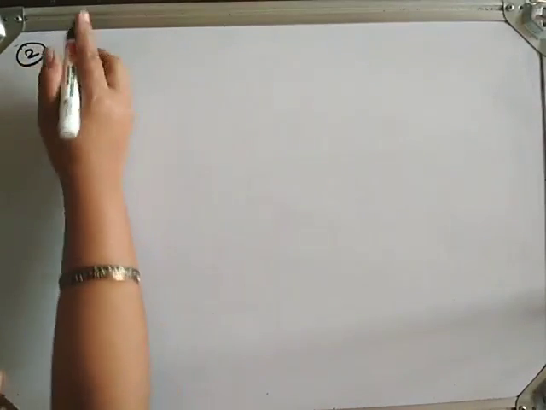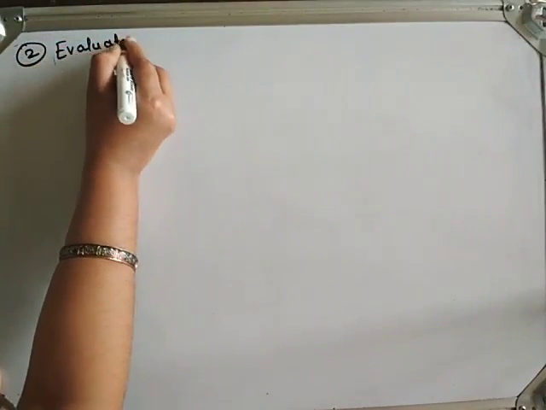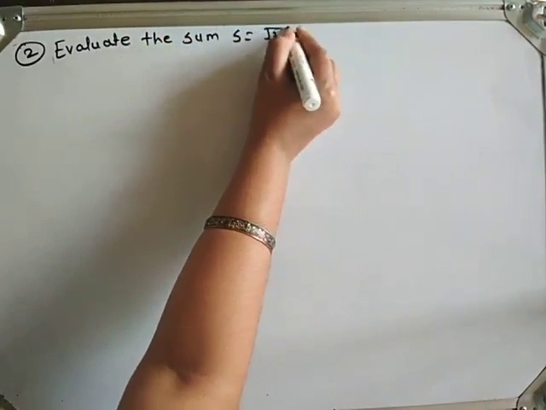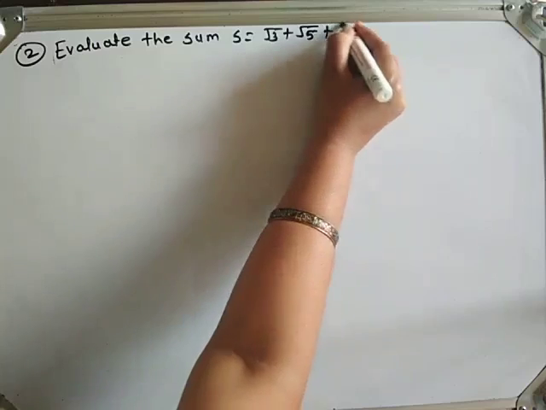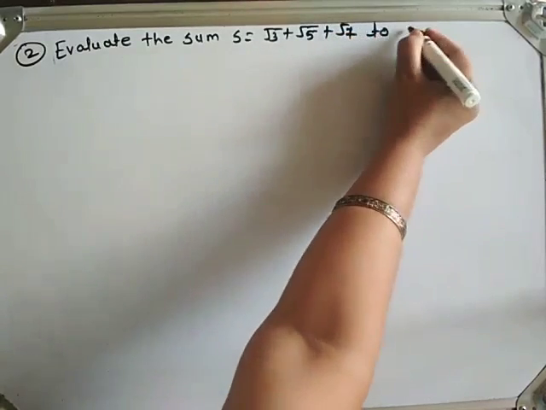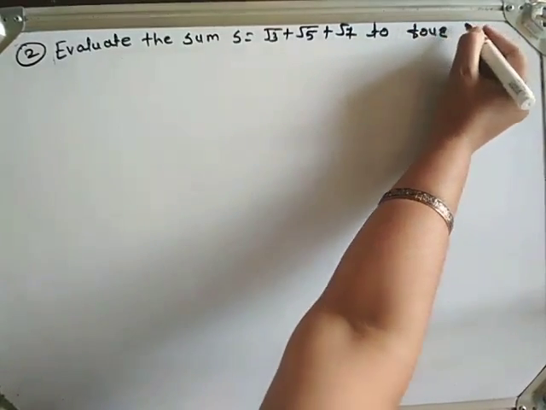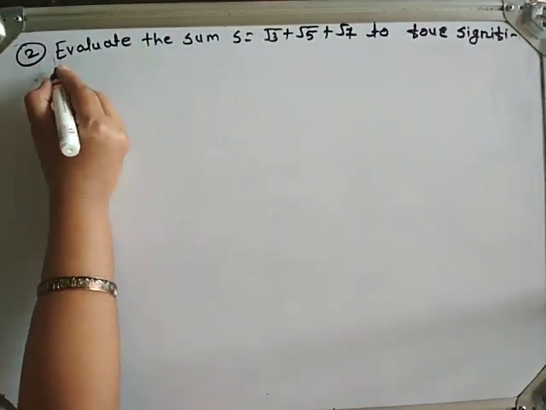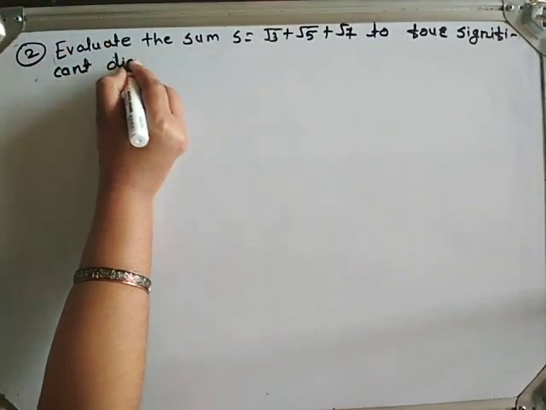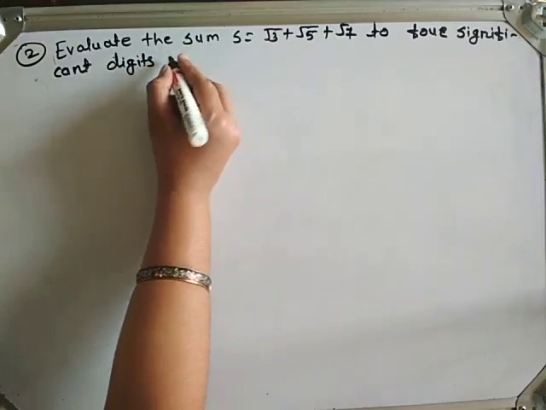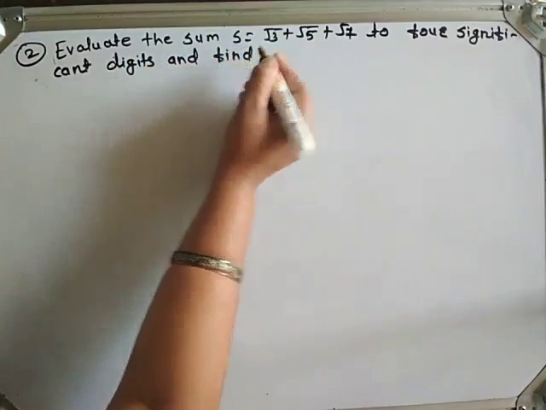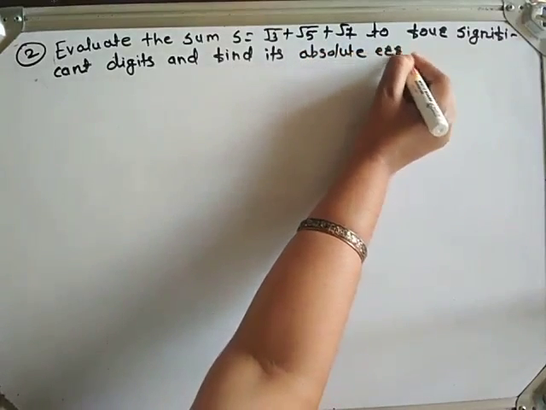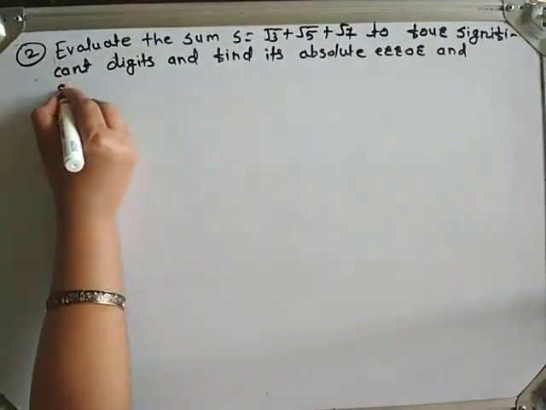Evaluate the sum S is equal to root of 3 plus root of 5 plus root of 7 to 4 significant digits, and find its absolute error and relative error.